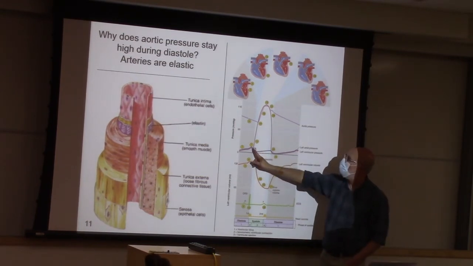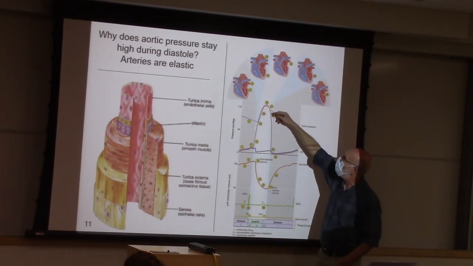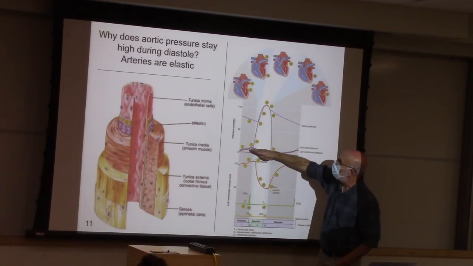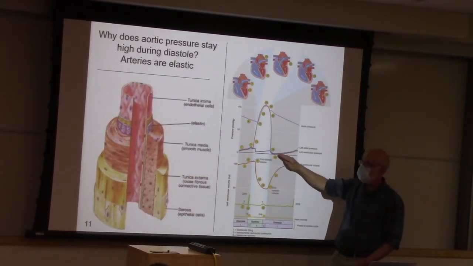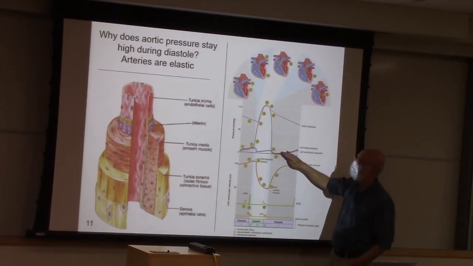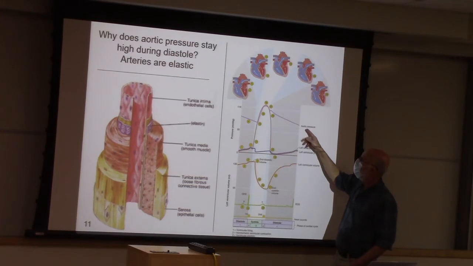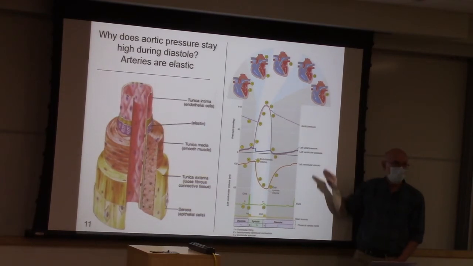Here is systole from the beginning of isovolumetric contraction to the beginning of isovolumetric relaxation. Ventricular pressure goes from very low to very high and to very low again during contraction and relaxation. But aortic pressure never gets very low. Why is that? That's where we're going.